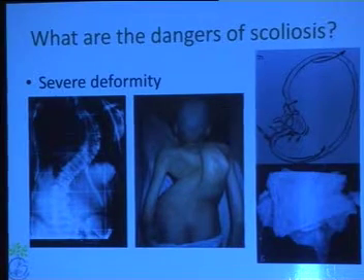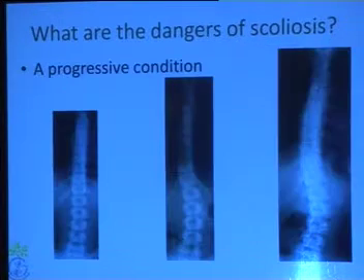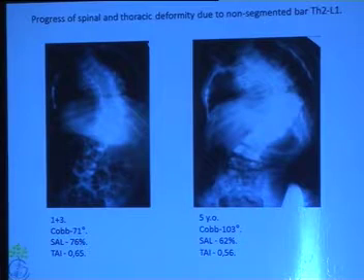What are the dangers of scoliosis? Of course, severe deformity and progressive condition, for example, idiopathic deformity, a typical situation type 5 by the Lenke classification, with very rapid progression.